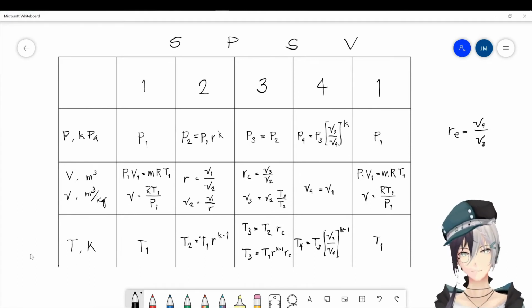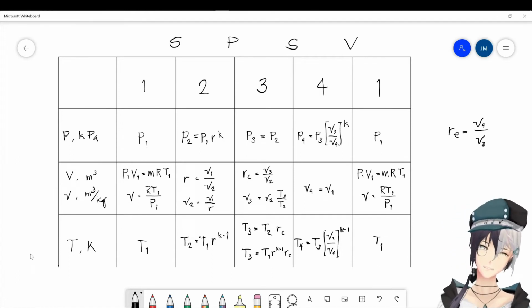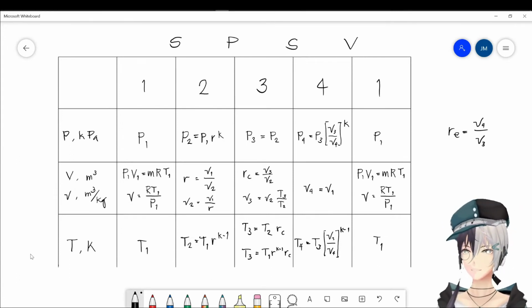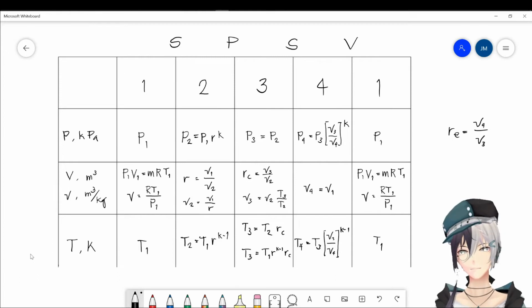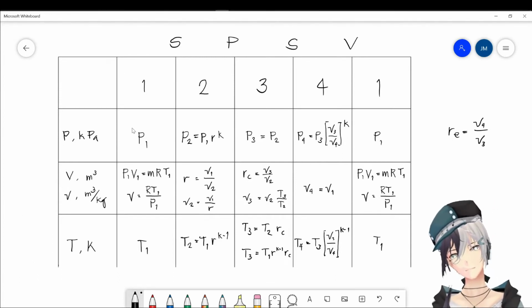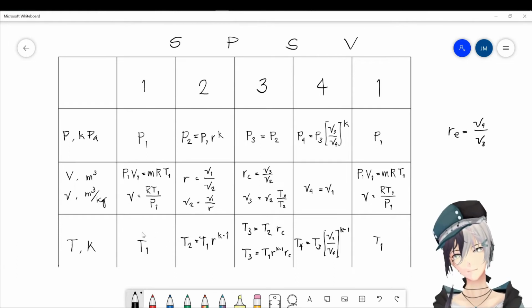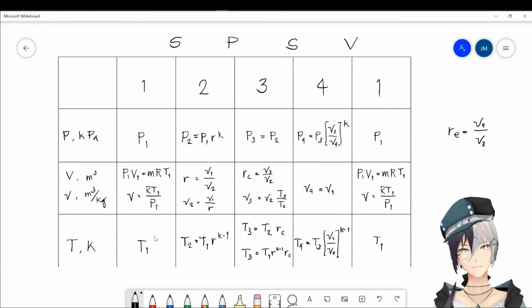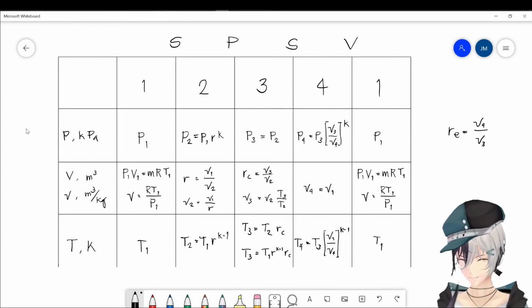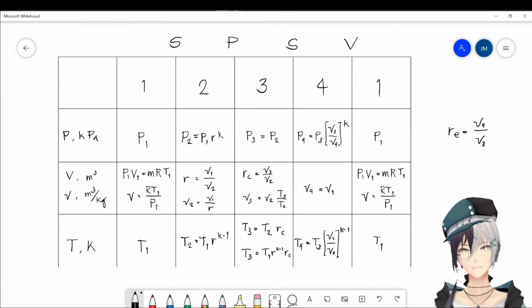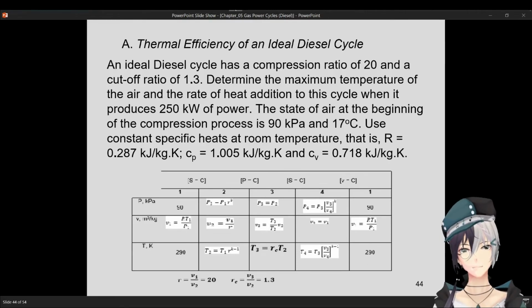In this table, you can easily track your answer, and it makes it easier to see where you are in solving. For example, we are given pressure 1, temperature 1, and the other values.